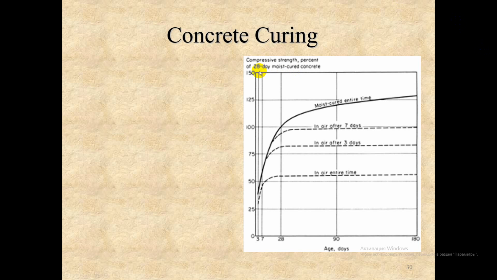At 28 days, it achieves its design strength. This is the strength designers use to size elements in a structure. In reality, concrete continues to gain strength throughout its life, so any increase after 28 days is a reserve.